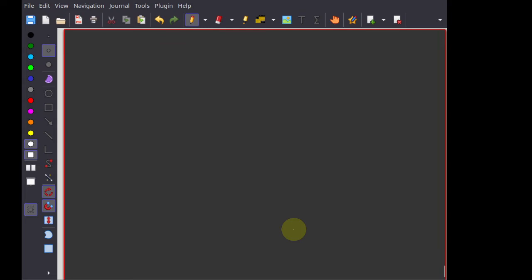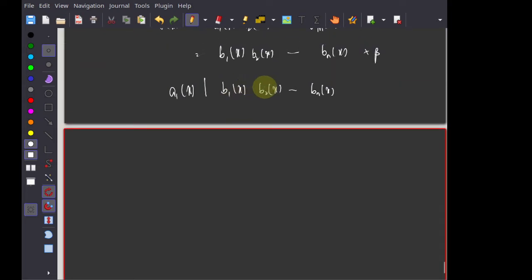Now, my claim is that since b1, b2 and so on are irreducible, a1(x) should be equal to one of these, up to a scalar multiple. So a1(x) should divide one of these, because a1(x) cannot divide beta.